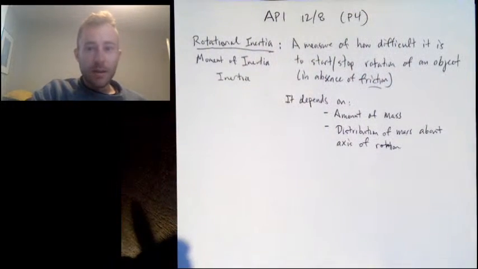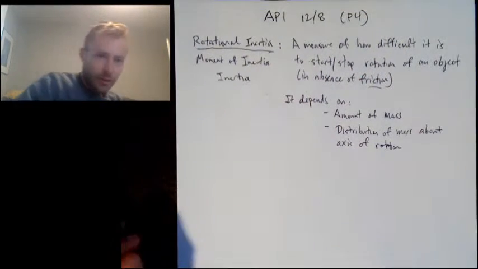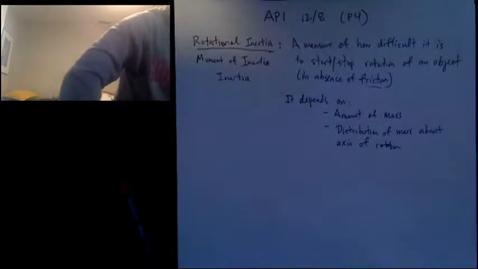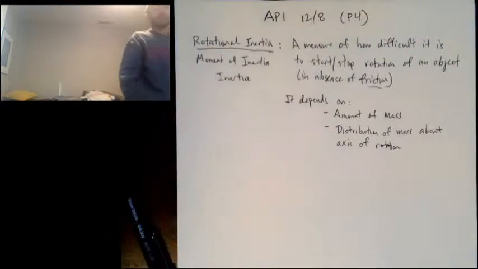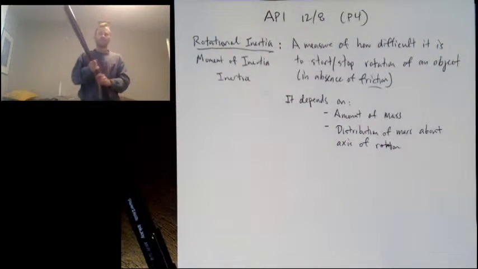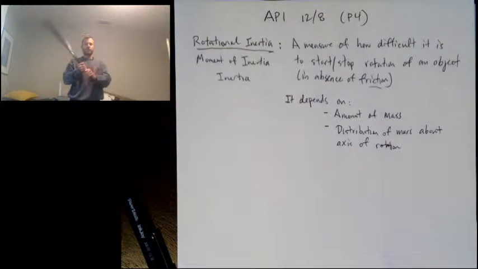Okay. So let me show you what that looks like. I have a baseball bat here. If I'm rotating the baseball bat, then the axis of rotation is my hands, right?